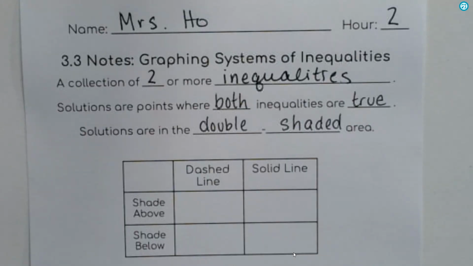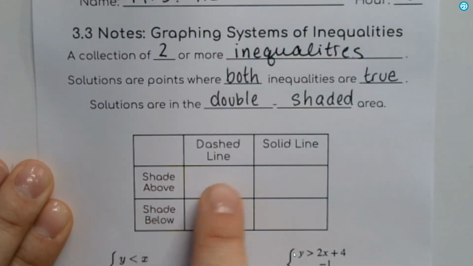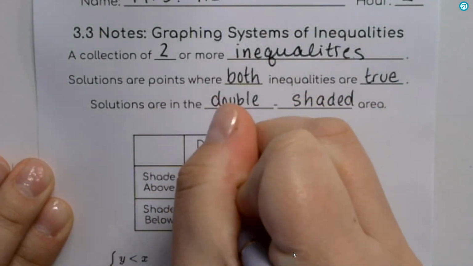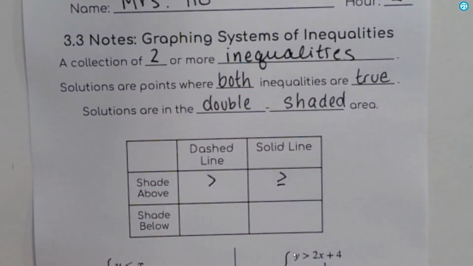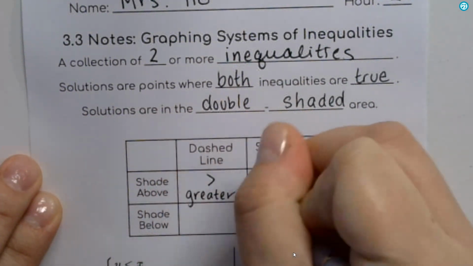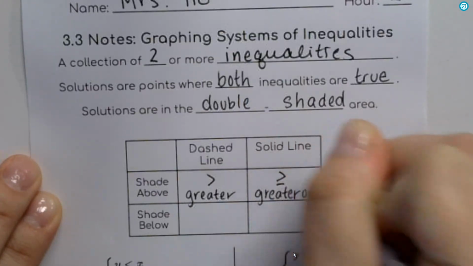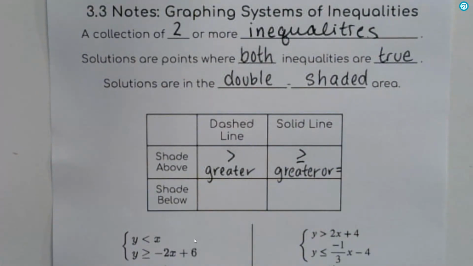All right, in our quick write, we discussed those four inequality symbols. We shade above greater than and greater than or equal to. It's a dashed line if it's greater than. It's a solid line if it's greater than or equal to. And if you want to label those, this would be greater. This would be greater or equal. So we shade above, greater than or equal to.